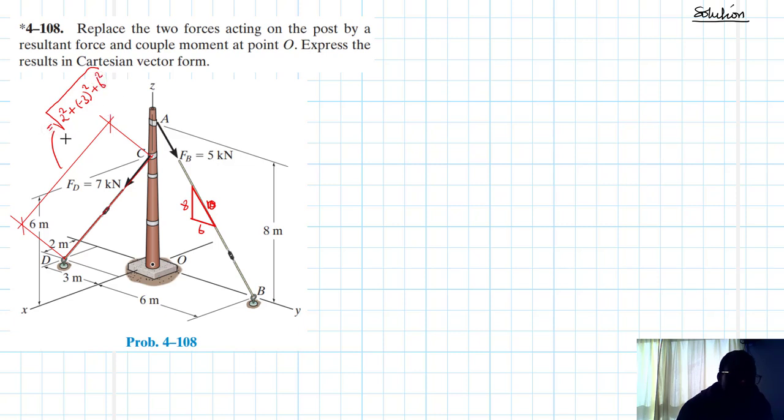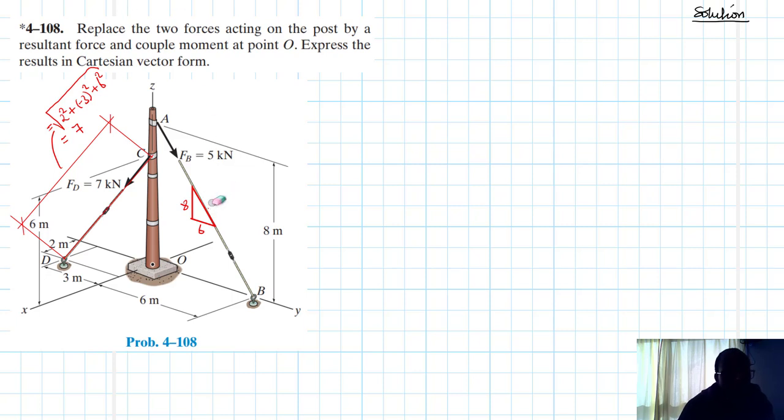Therefore this is just going to be equal to 2 squared plus 3 squared plus 6 squared, 49, of course root of 49 is 7. So this is 7.